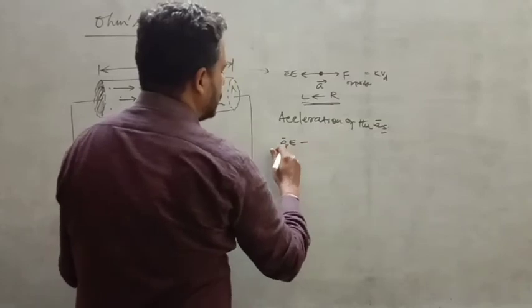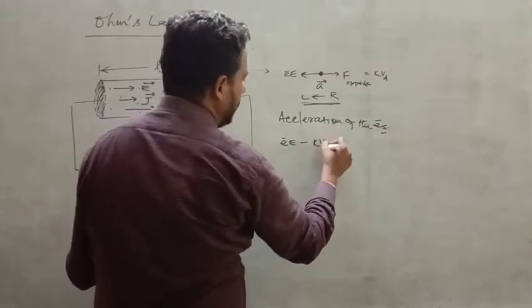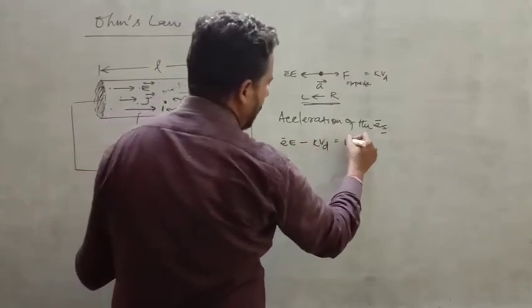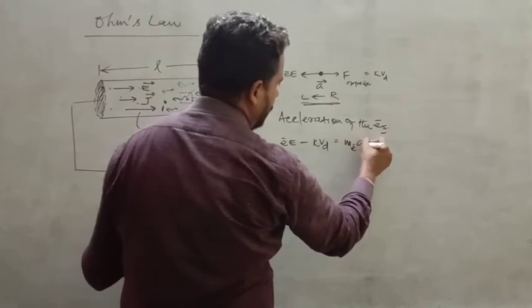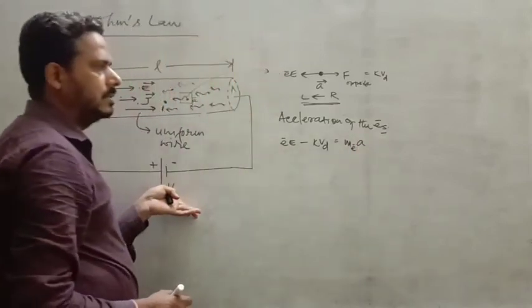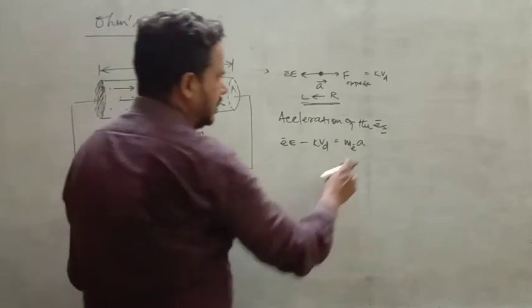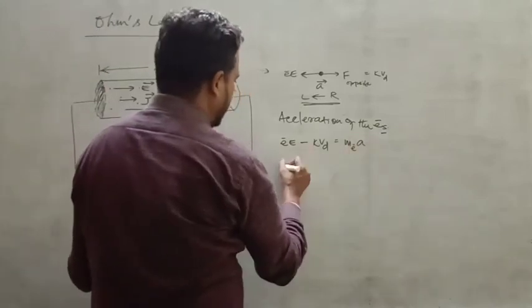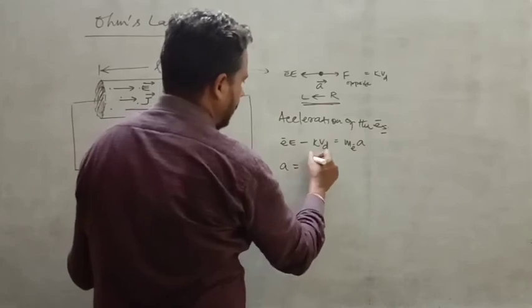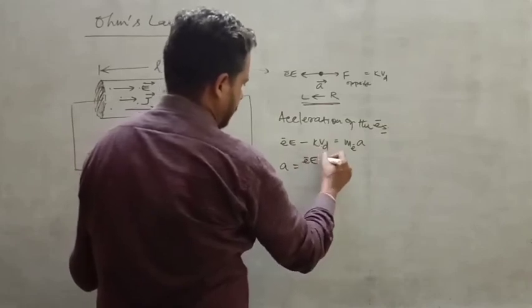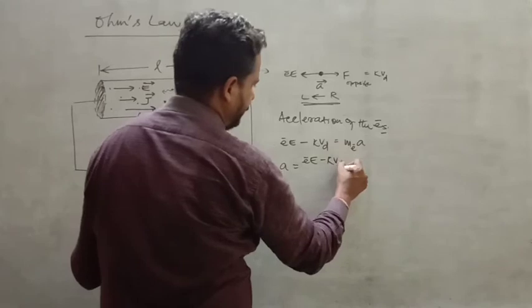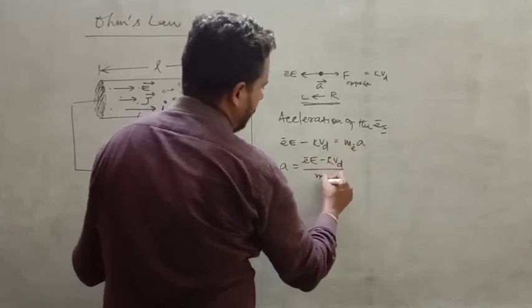So eE minus kVd is equal to the mass of the electron times a, the acceleration of the electron. So from here, the acceleration is eE minus kVd divided by the mass of the electron.